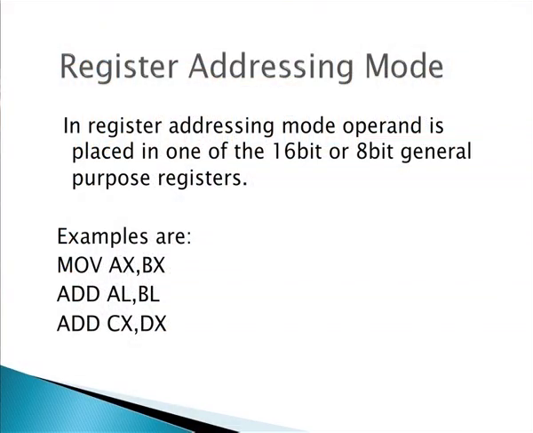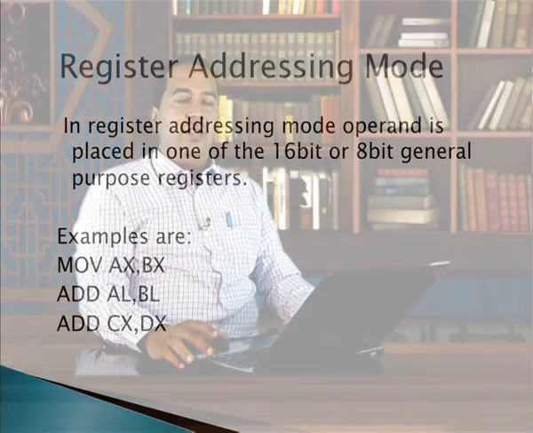Now the different examples for register addressing mode are, first, MOV AX, BX. In this instruction, the register which is defined first works as the destination, and the register which is defined later works as the source register.